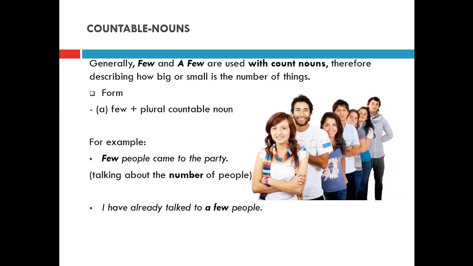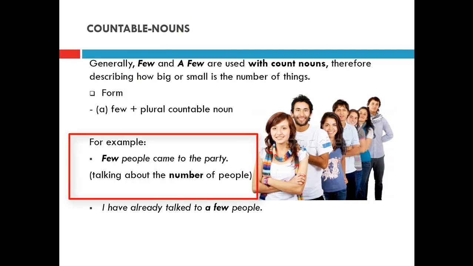Okay, this sounds similar to what I've previously discussed, a little and little. Few and a few go with countable nouns. Okay, few is more negative and a few is more positive. Now when I say few people came to the party, it means that I'm not quite happy with this because a very small number of people came to the party I'm making. But when I say a few people came to the party, I'm quite happy because I expect to see my friends coming.